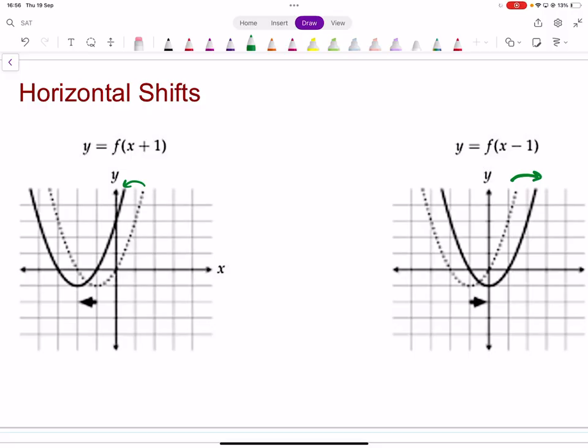Yes. In horizontal transformations, something changes inside the function. X is replaced with x plus 1. In vertical transformation, something happens outside the function. Outside the whole of f of x, you're adding something or subtracting something. That's a vertical transformation. Okay?